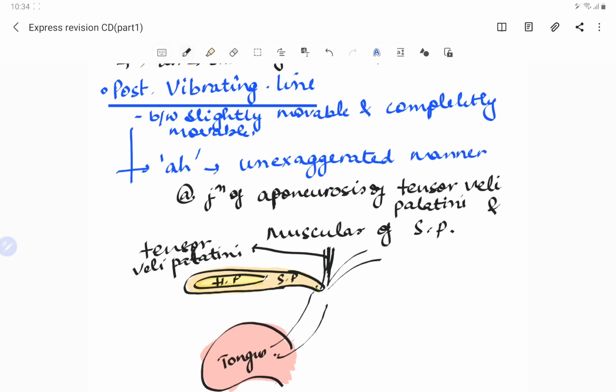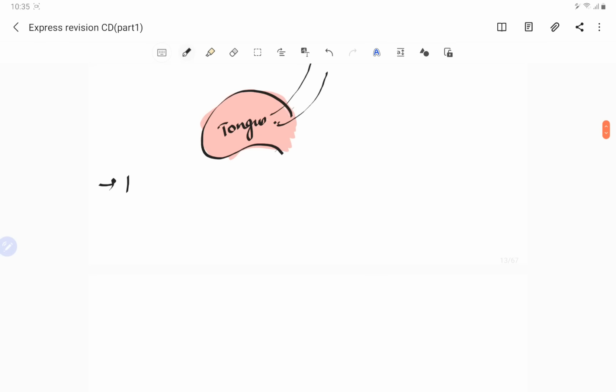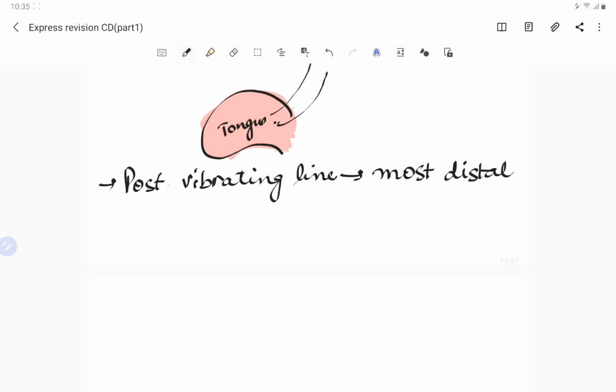So at the junction of the aponeurosis of tensor veli palatini and the muscular portion of the soft palate. So posterior vibrating line, very important, posterior vibrating line marks the most distal extension of the denture base.